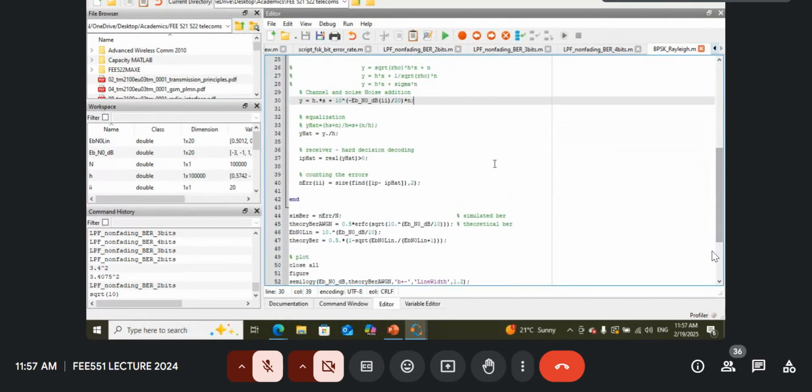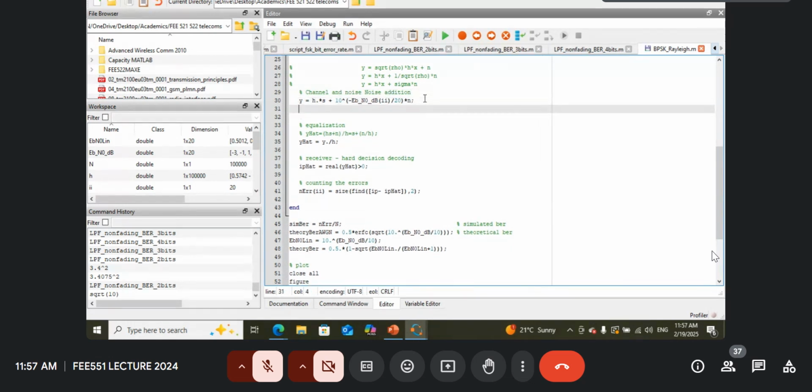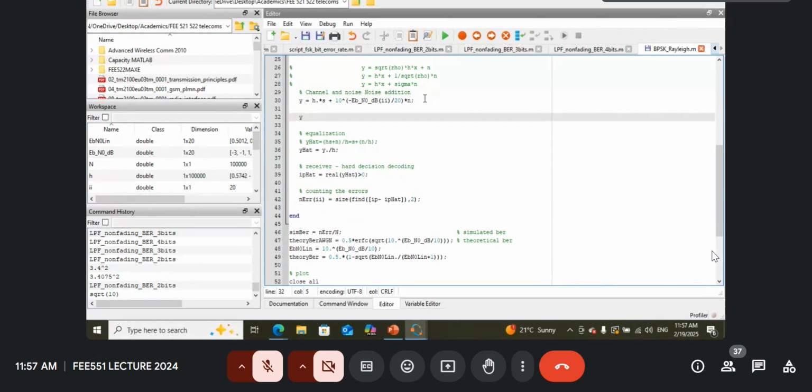Here we are doing hard decision. So in equalization, what you do when you receive the signal, you just remove the H. You can see here Y is equal to HS plus N. So you remove the H to equalize, so that it looks as if there was no fading, as if it was just noisy.